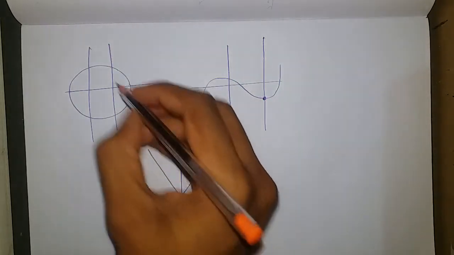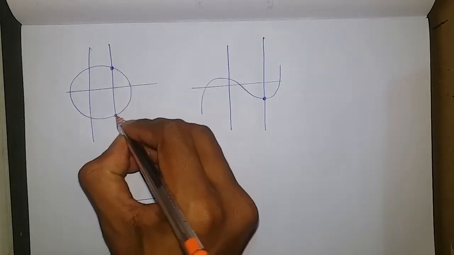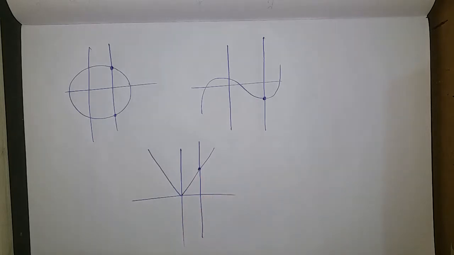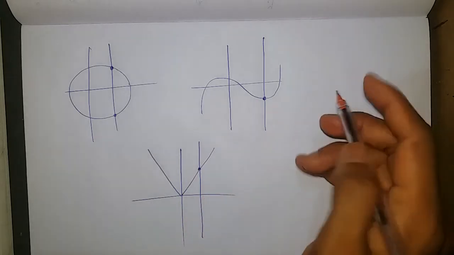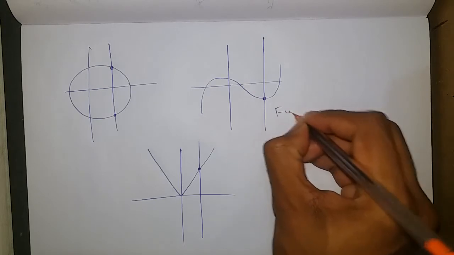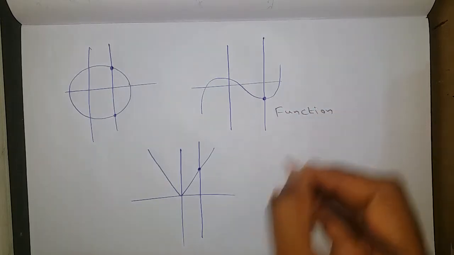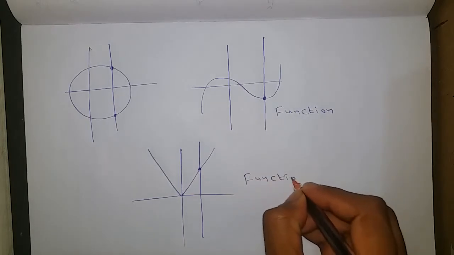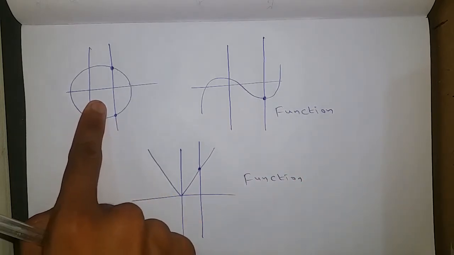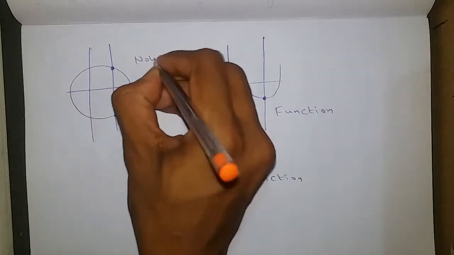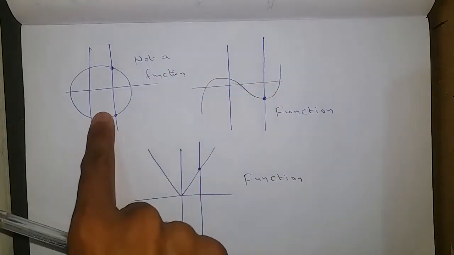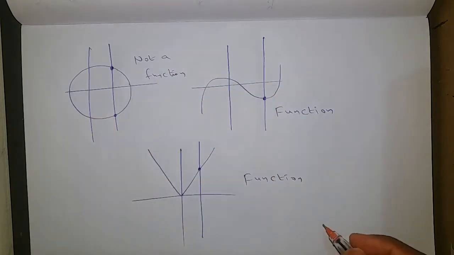This vertical line is touching the curve at 2 points, and this vertical line is touching that straight line at only 1 point. If it is touching at only 1 point, it is a function. If it is touching at more than 1 point, it is not a function. Not only circular shaped figures, square and rectangle are also not functions.